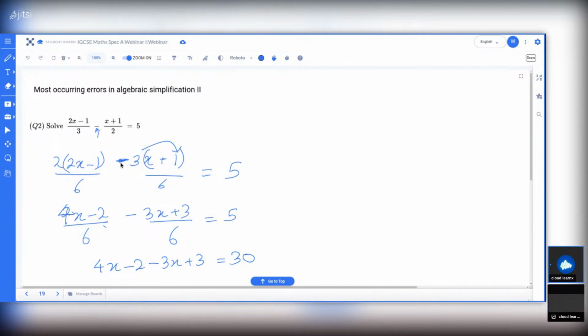This minus sign belonged not just to 3x, but to this entire thing. You're subtracting this entire thing. So it should be plus 3 minus. Right? When you're expanding it, it's minus 3 getting expanded. Or you could say that you're subtracting this entire thing. Use brackets when you're doing the subtraction. Right? Okay.